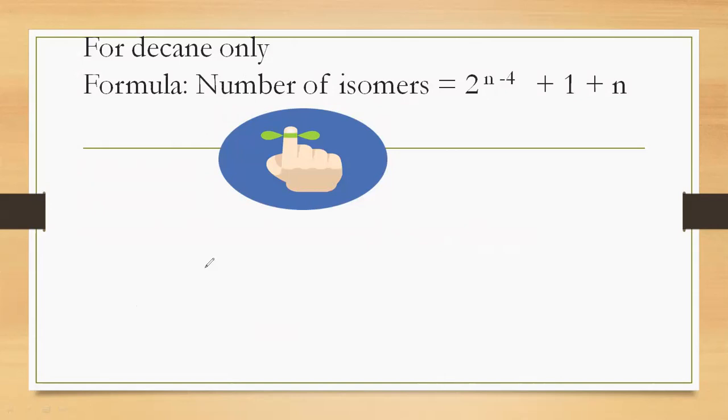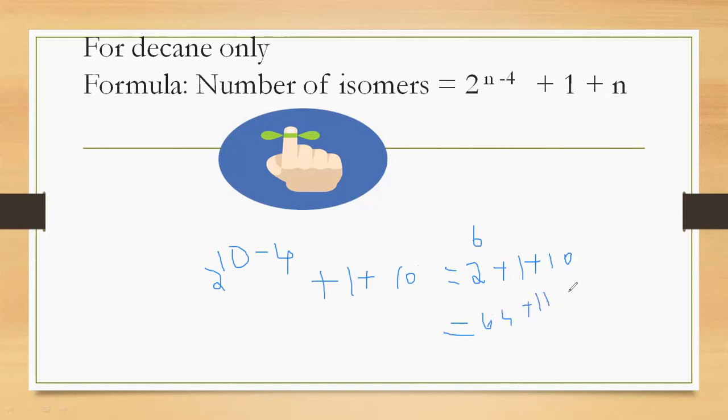We'll apply it now. 2 to the power 10 minus 4 plus 1 plus 10. So it is 2 to the power 6 plus 1 plus 10. 2 to the power 6 is 64. So 64 plus 11, which is equal to 75.